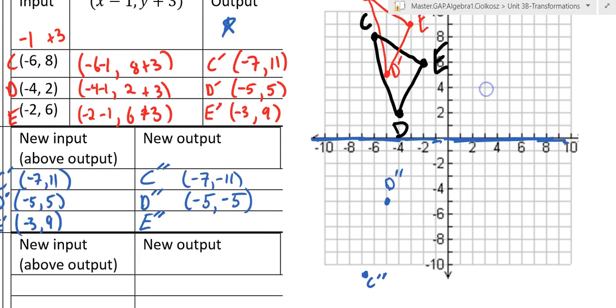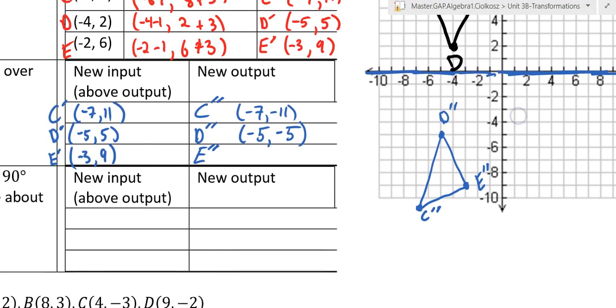So, E double prime is at negative 3, negative 9.